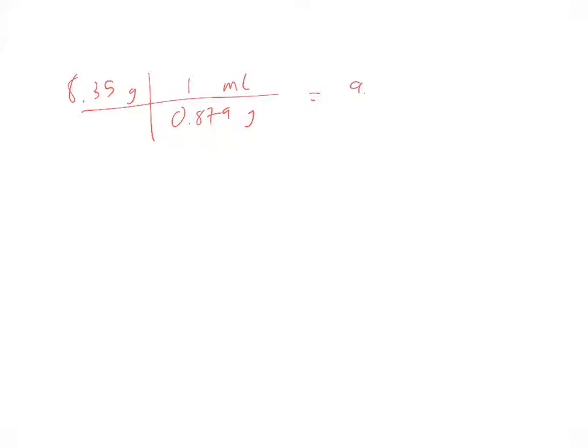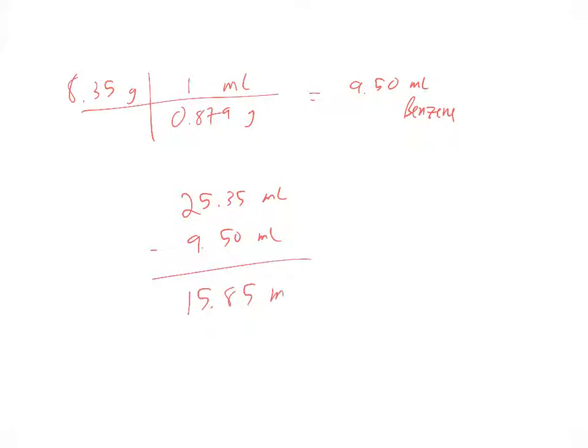I get 9.50 milliliters of benzene. So I had a 25.35 milliliter flask. It took 9.50 milliliters of benzene to fill that flask. So 25.35 minus 9.50. I have 15.85 milliliters remaining, which is the volume of the metal.